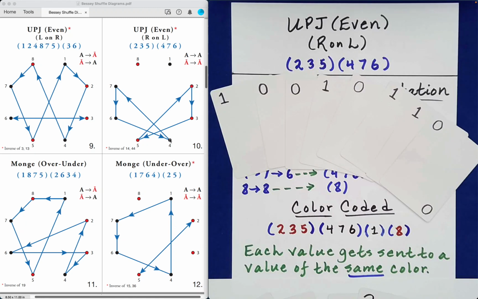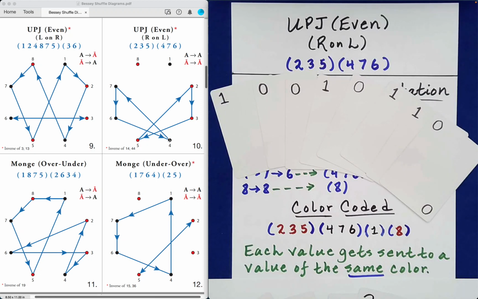So we have a little 3 cycle. We also call that an orbit. And then if we go to 4, we see that it's sent to 7, 7 is sent to 6, and then 6 is sent to 4, completing that 3 cycle. And that's also an orbit. Those values are just moving around among themselves according to the direction of the arrows in the diagram.